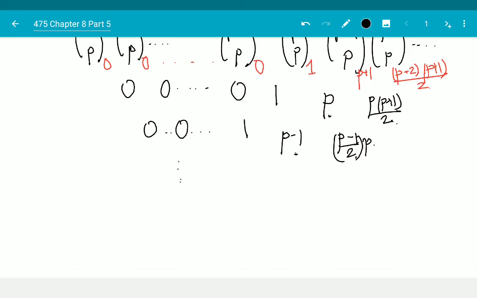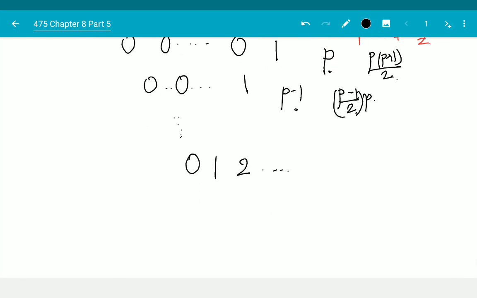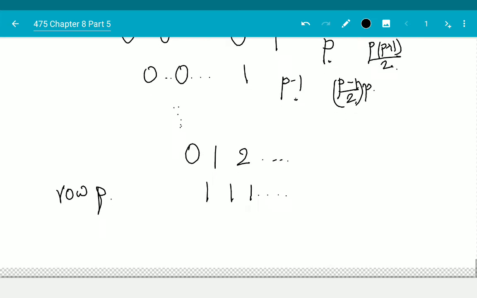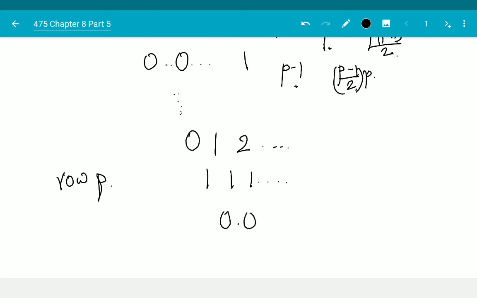You continue this, you're eventually going to get 0, 0, 0, 1, 2, dot, dot, dot, which will give you 1, 1, 1, dot, dot, dot in row p, and the final row would all be 0, 0, 0, 0.